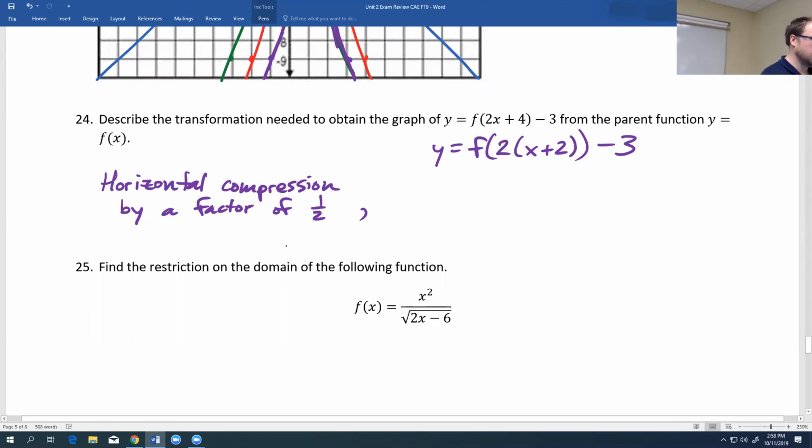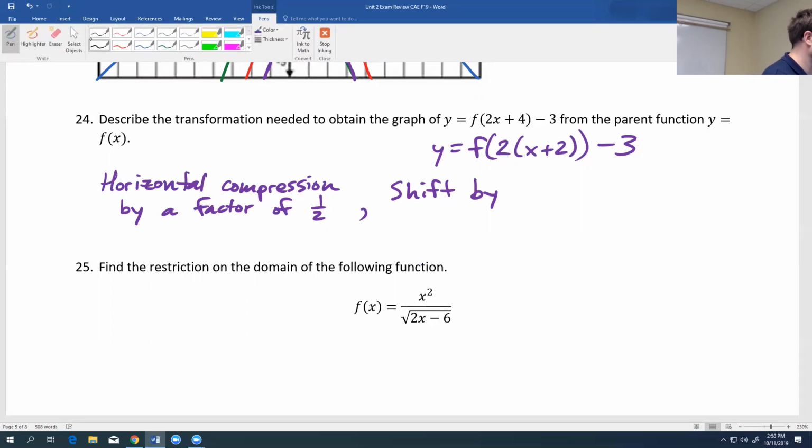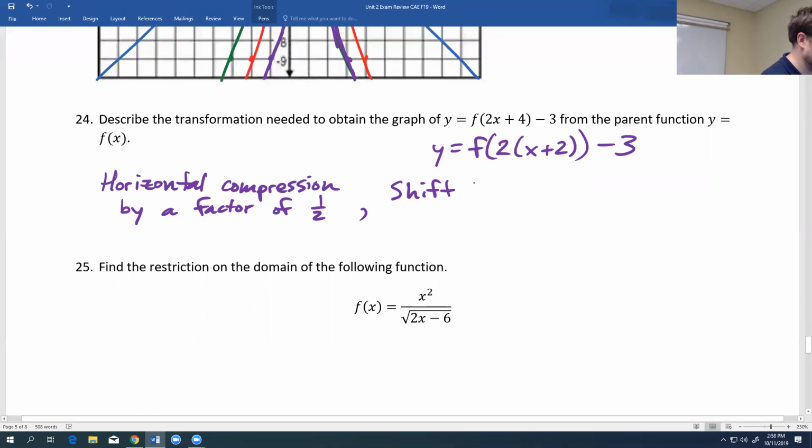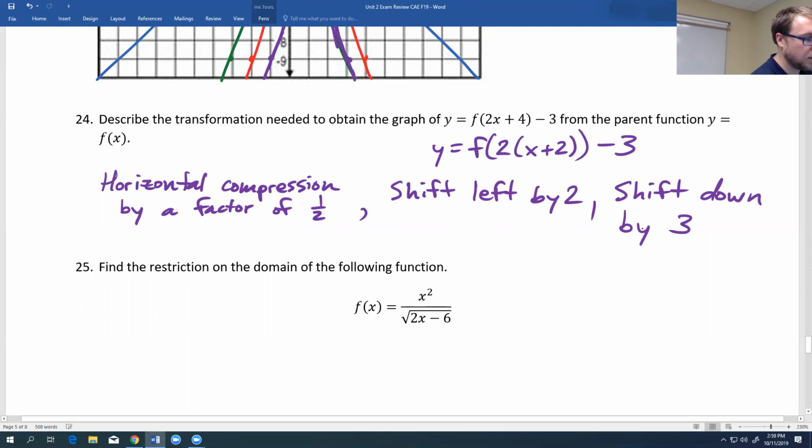And then if we have x plus 2, this is why factoring is important, because if you try shifting to the left by 4, you will be wrong. So you need to factor the inside like that. Then you see you're shifting left by 2, shift down by 3.